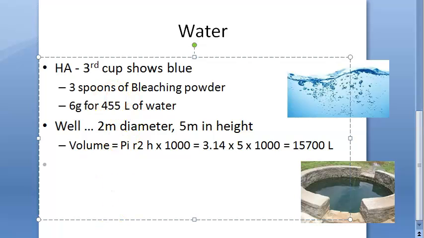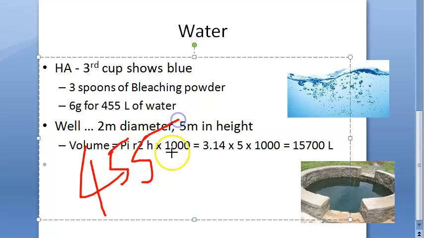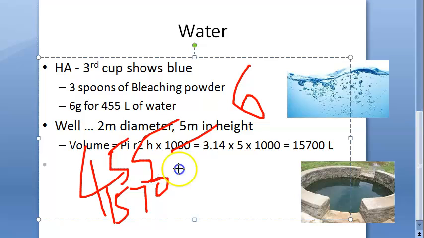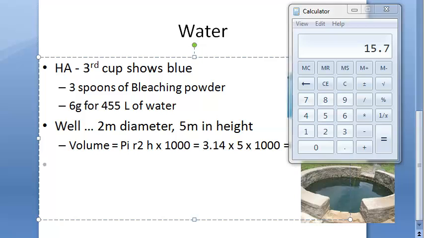If 455 liters need 6 gram, how much do 15,700 liters require? That will be 6 into 15,700 divided by 455. So let's do that now. 6 into 15,700, divided by 455.